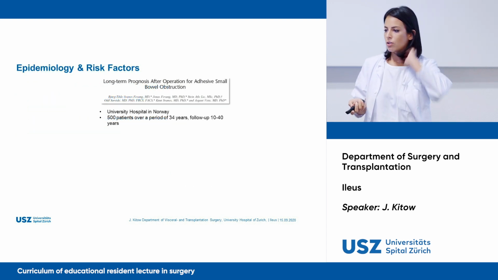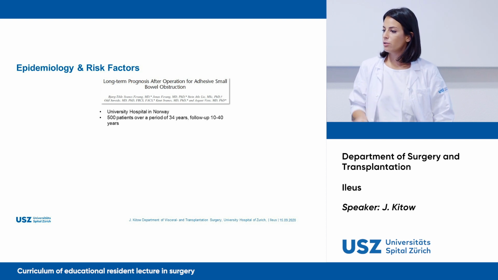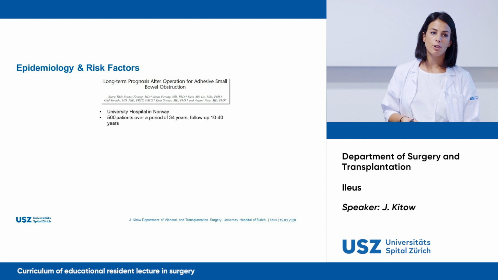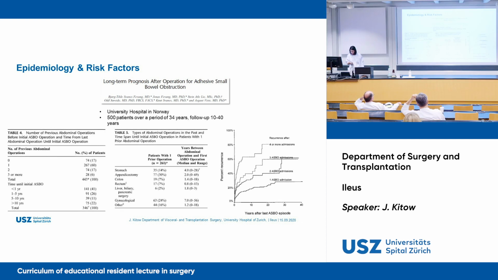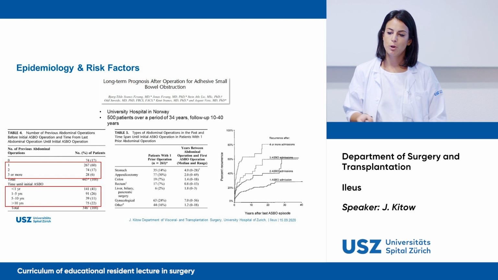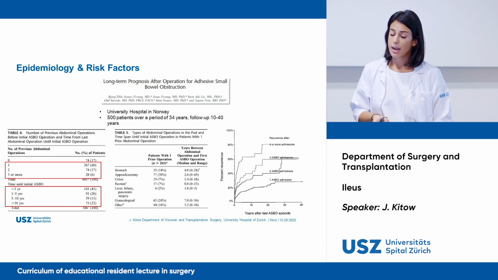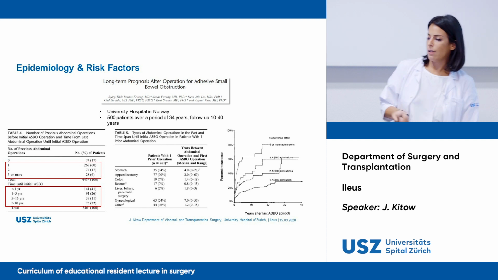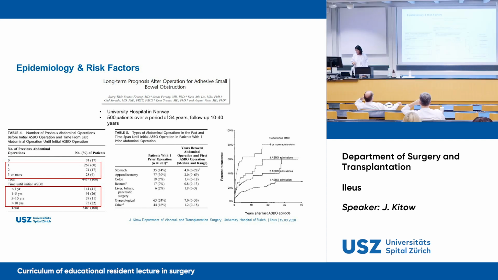There's the study from the University Hospital in Norway where 500 patients have been examined over a period of 34 years and have been followed up by 10 to 40 years. And they found out that actually with 1 to 3 operations, the risk for adhesive small bowel obstruction rises. And within the first 5 years, one will have the highest risk for adhesions.